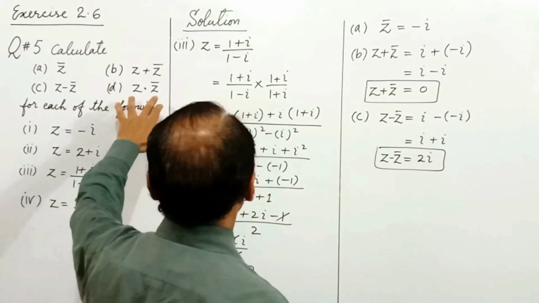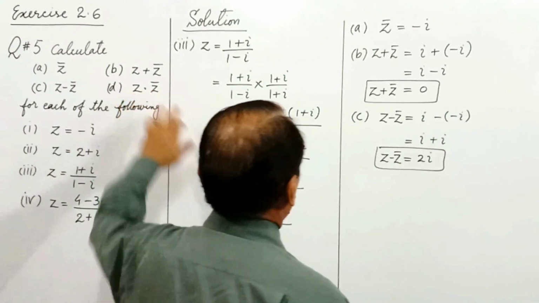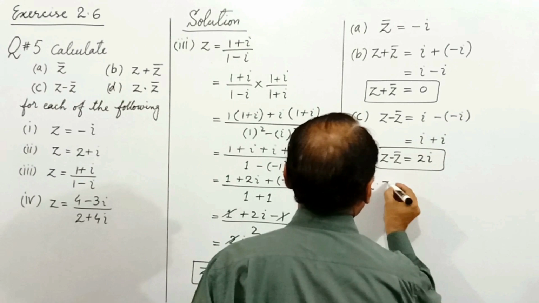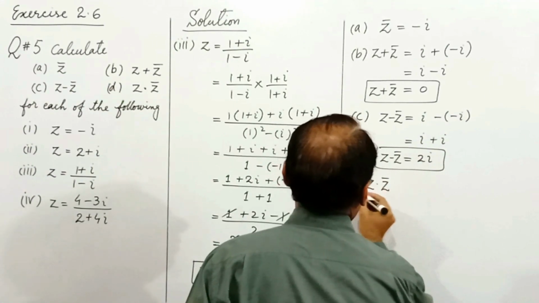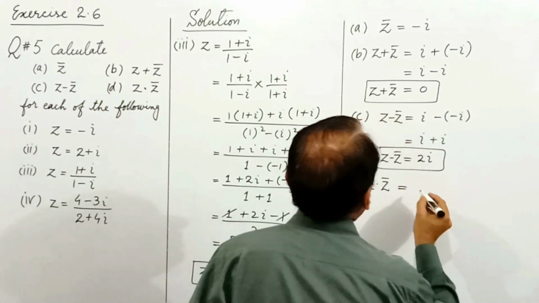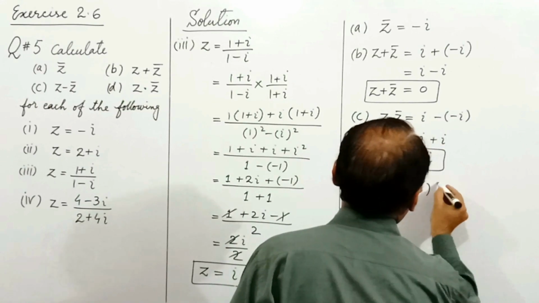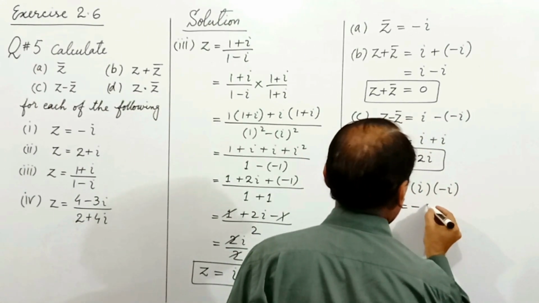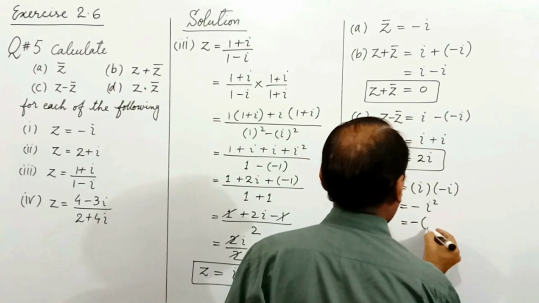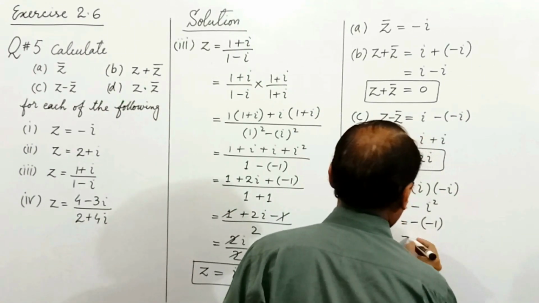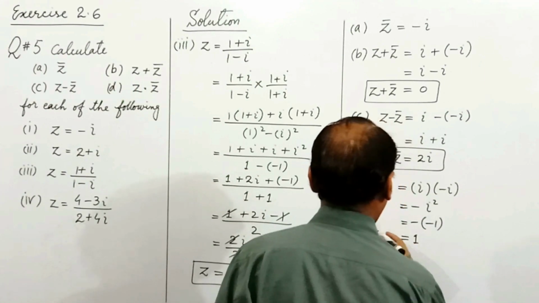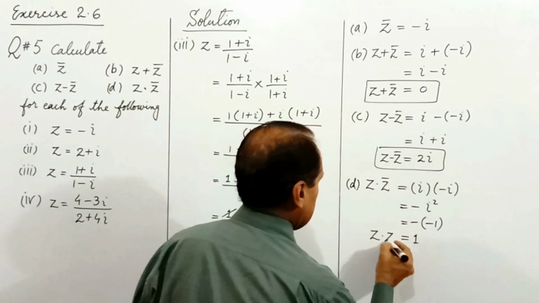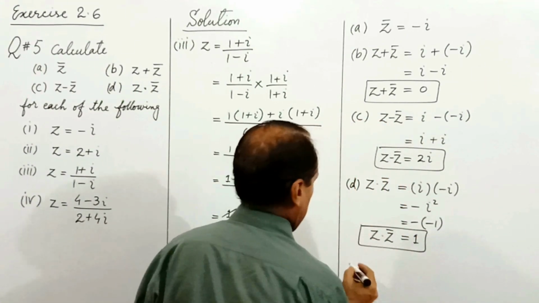In part D, we are required to find the product of the complex conjugate, that is z dot z bar. We put the values, that is iota into minus iota, which is minus iota square. We replace the value of iota square, that is minus 1, minus times minus gives plus 1, and simply we get z dot z bar is equal to 1.